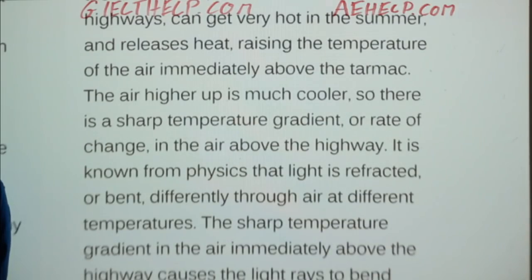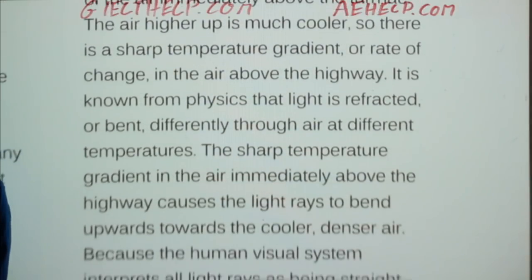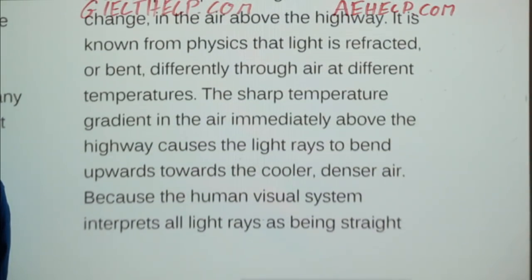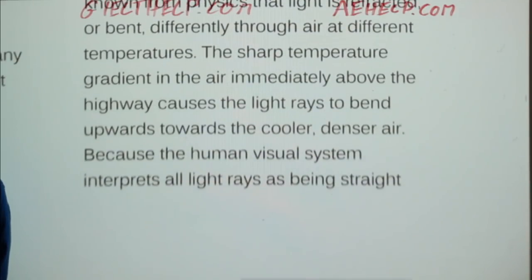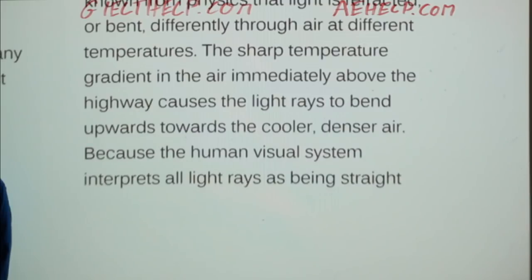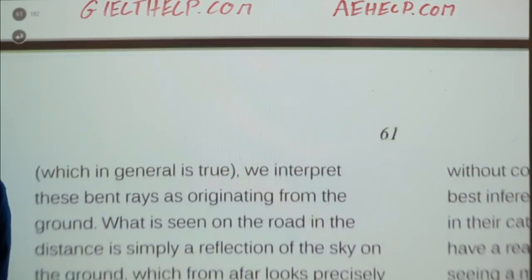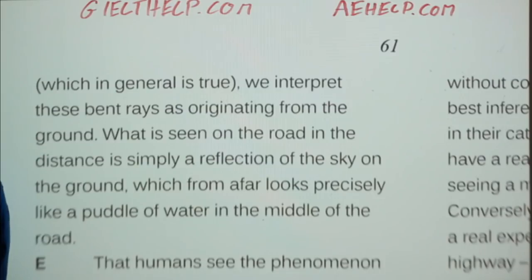It is known from physics that light is refracted or bent differently through air at different temperatures. The sharp temperature gradient in the air immediately above the highway causes the light rays to bend upwards towards the cooler, denser air. Because the human visual system interprets all light rays as being straight, which in general is true, we interpret these bent rays as originating from the ground.